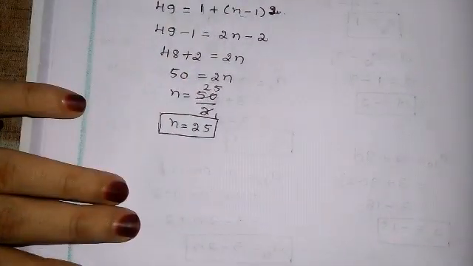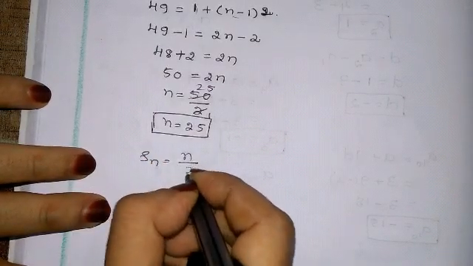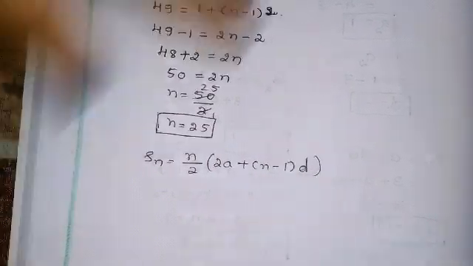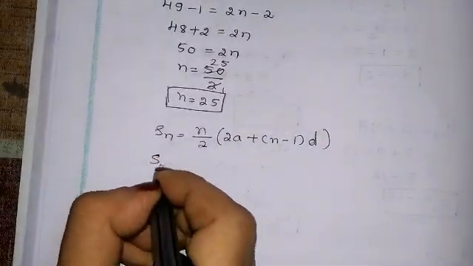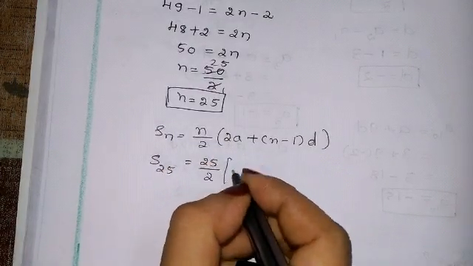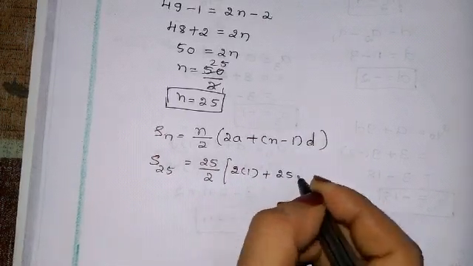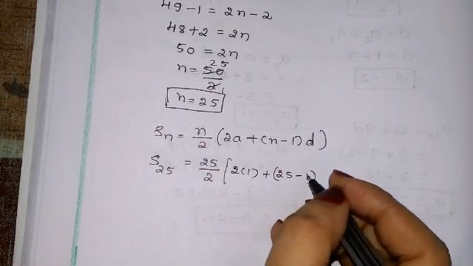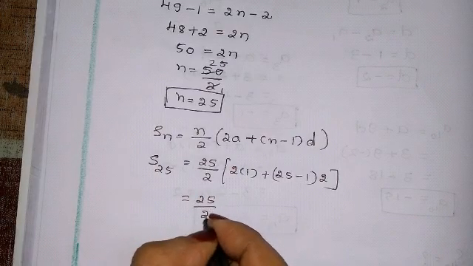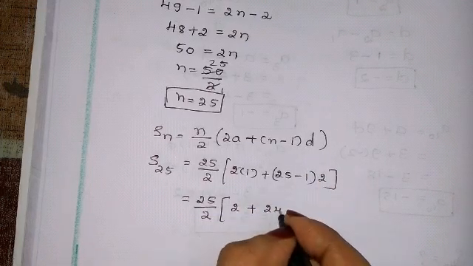So the sum of 25 terms we need to find. Now Sn is equal to n by 2, 2a plus (n minus 1) d formula. S25 is equal to 25 by 2, 2a, 2 into 1, plus 25 minus 1, d is 2. 25 by 2, let it be as it is. 2 ones are 2 plus 24 into 2.